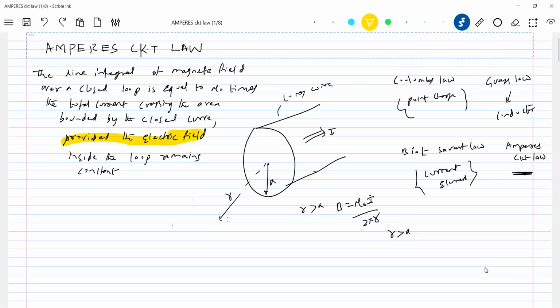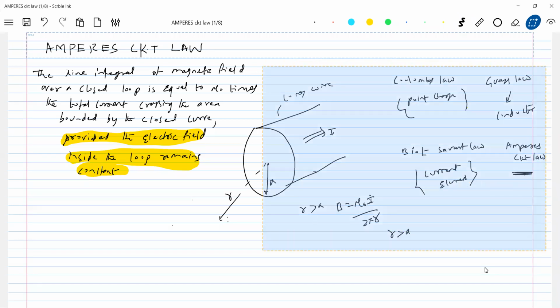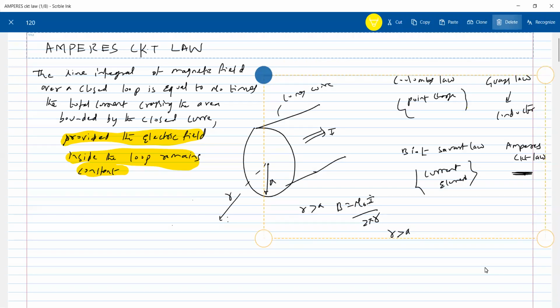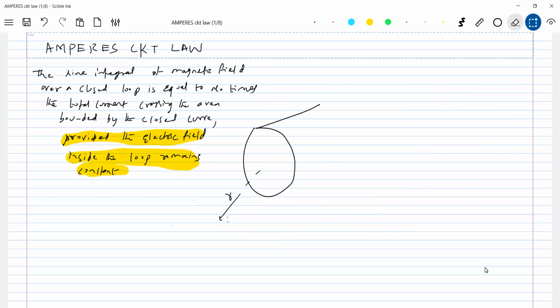When we discuss the EMI chapter, then you'll get that. Why the field should remain constant, so that what I highlighted, don't bother about that. Let's focus only on this particular basic law. The highlighted one, try to avoid that. At this particular stage, it is not needed.